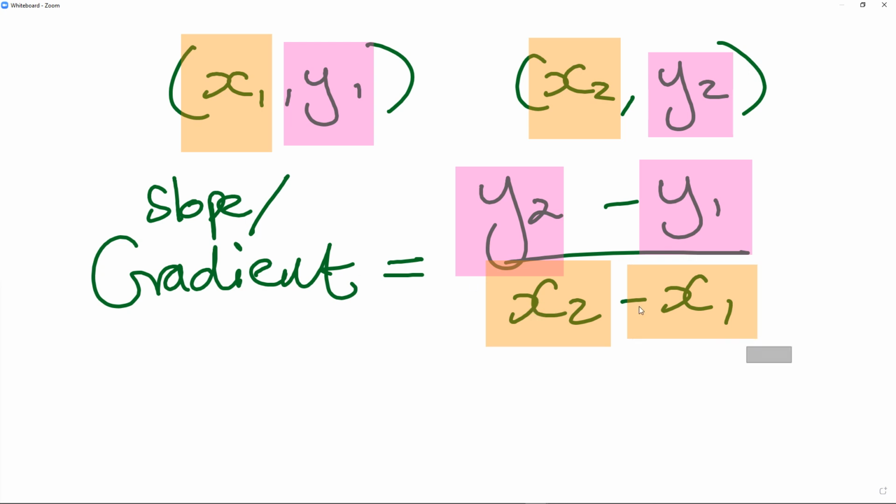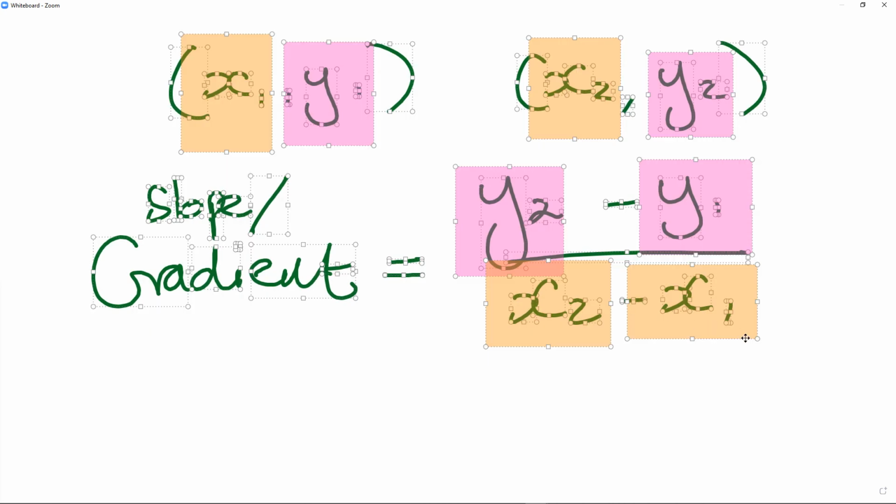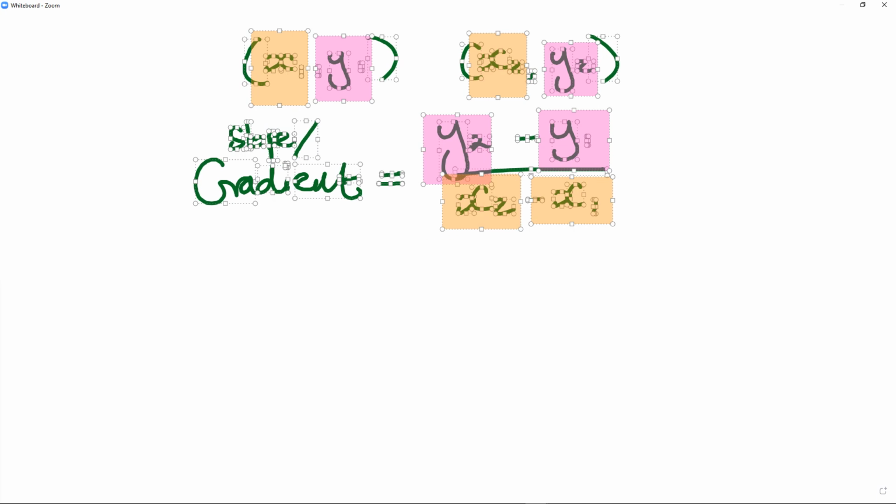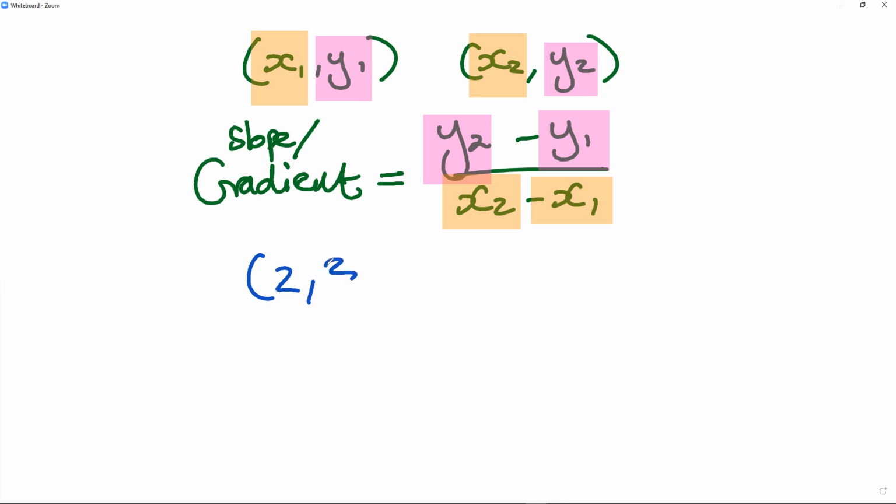Let's test this with specific coordinates. So now, let's suppose I've got the coordinates 2, 3, and 5, 7.